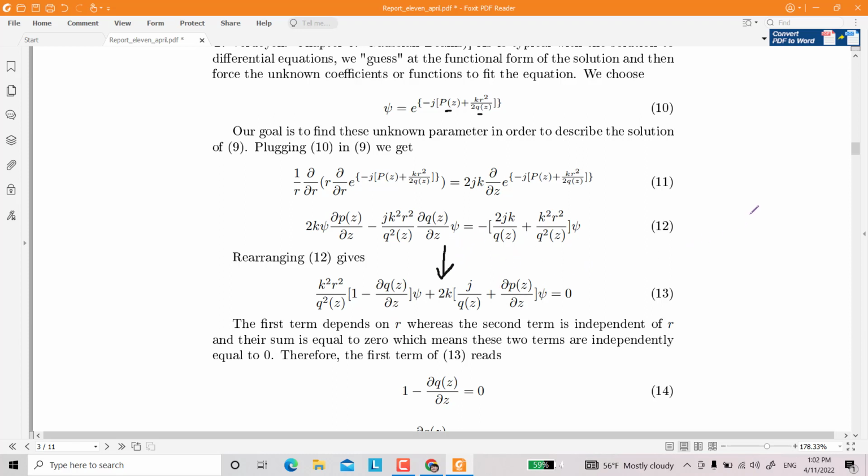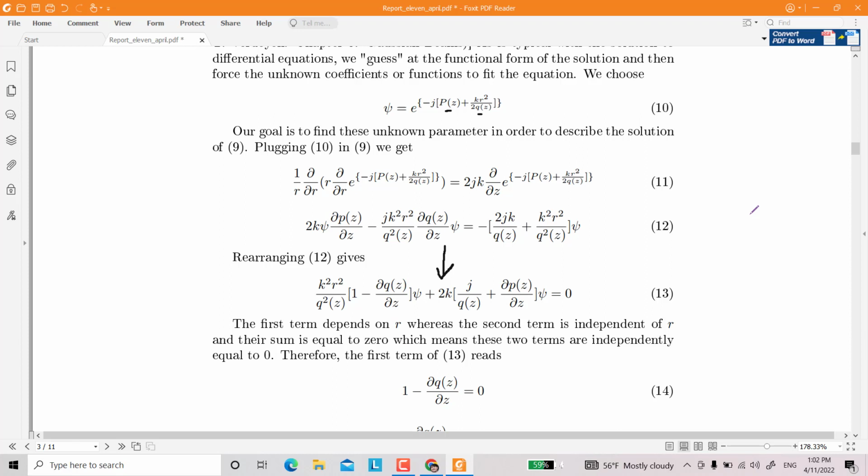Fine. So now that we have put the guess solution into the cylindrically symmetric Helmholtz equation with the paraxial approximation, we have come up with equation number 13. Now, if you carefully observe this equation, you will realize there are two parts in it.